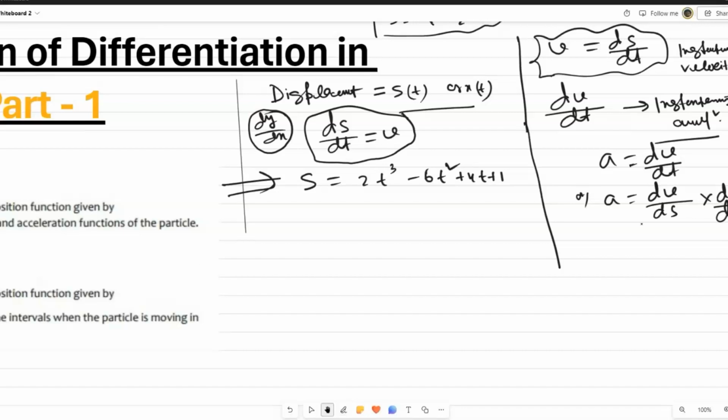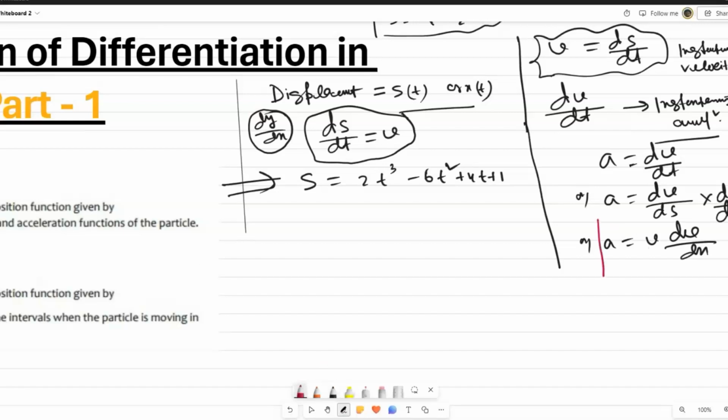That chain rule I'm applying here, as if ds gets cancelled. So you can write a equal to v dv by ds, since ds by dt is what we just saw as v. Acceleration has another expression, v dv by ds.